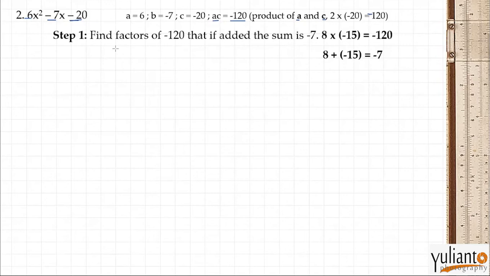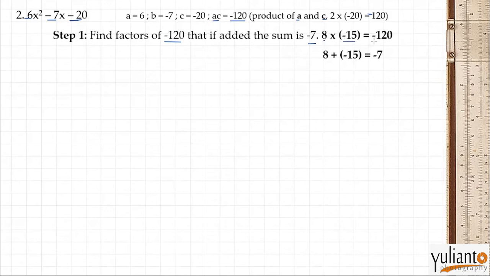All right, now step one. Step one, find the factors of negative 120 that, if added, the sum is negative 7. Now I was looking for factors of negative 120, and I ended up with 8 multiplied by negative 15.